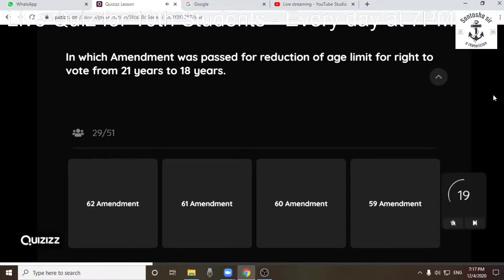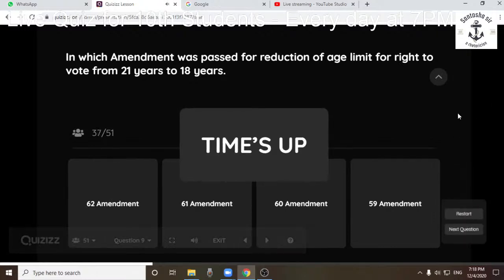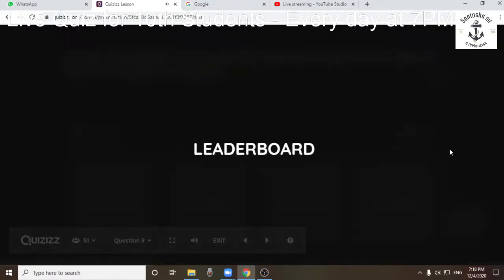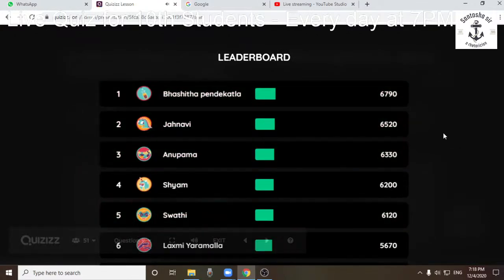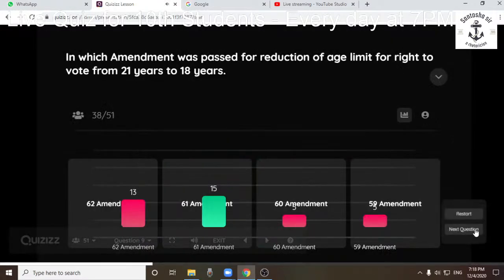Last 5 seconds. Okay, time's up. 38 members answered. Let's check the scores. Bashita on the top, followed by Jahnavi, Anupama, Shyam, Swati. Moving on to the next question.